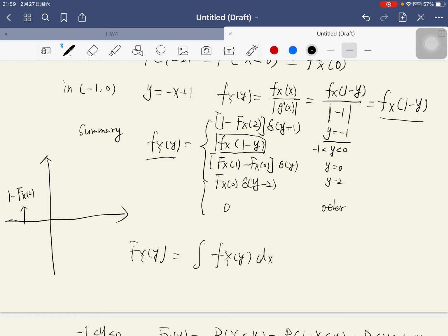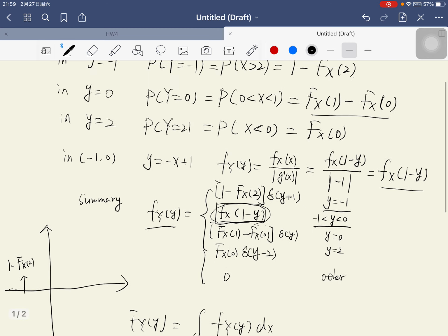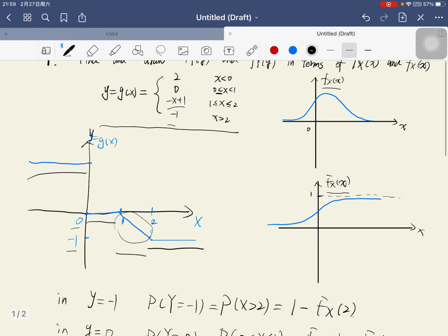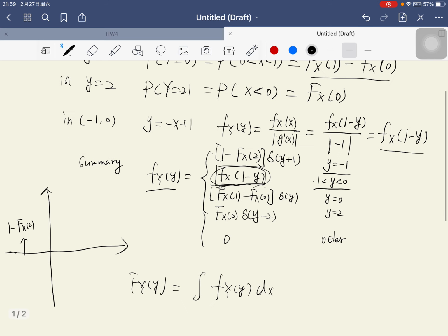And from minus 1 to 0, it is a function of x at 1 minus y, and we could find it is just a curve.